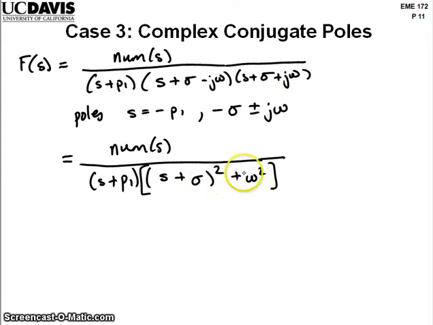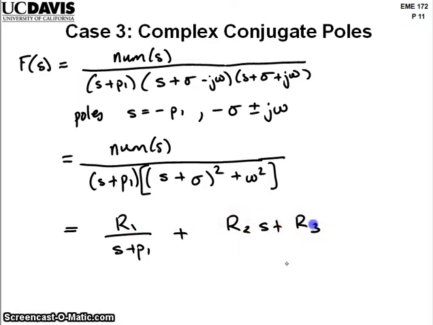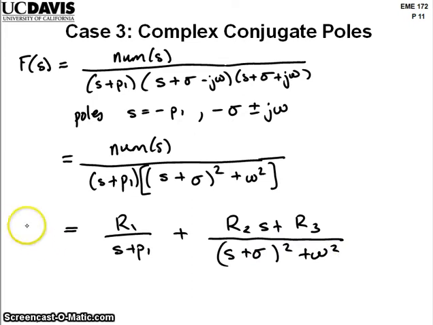Okay, and the reason why I've written it this way is that we can then expand it like this, r1 over s plus p1, right? So there's a simple one, r2 s plus r3 like that, over s plus sigma squared plus omega squared. And the reason why I've written it this way is because there is a Laplace transform that looks like this, okay?